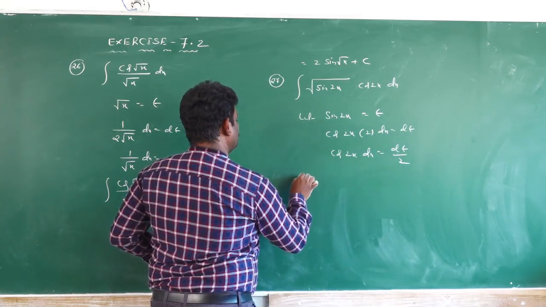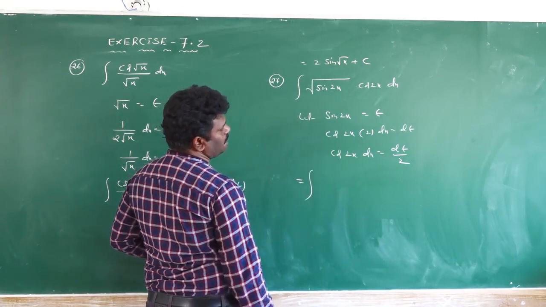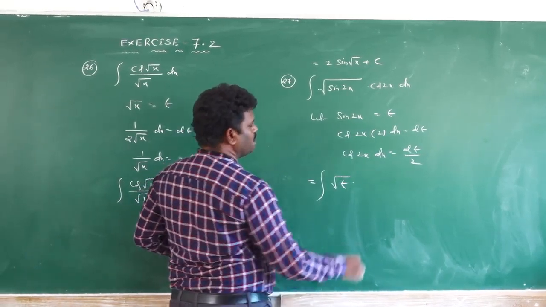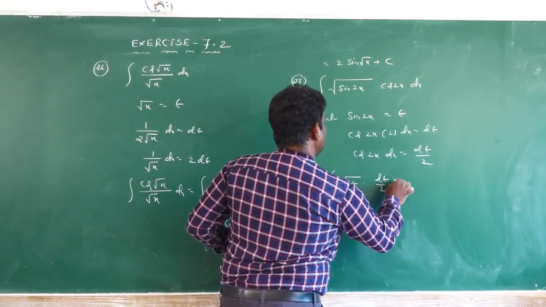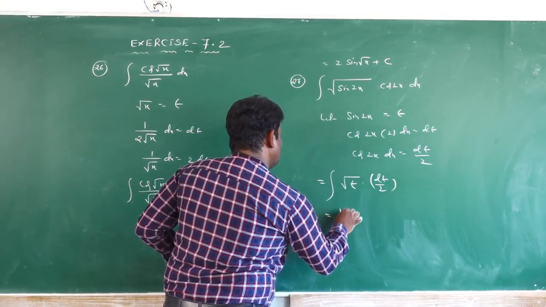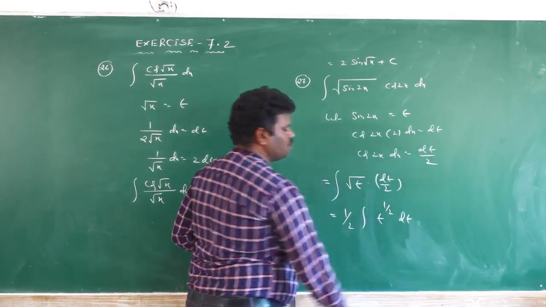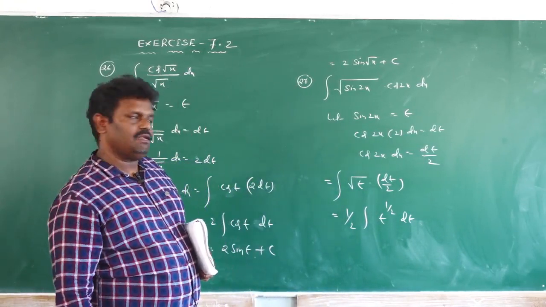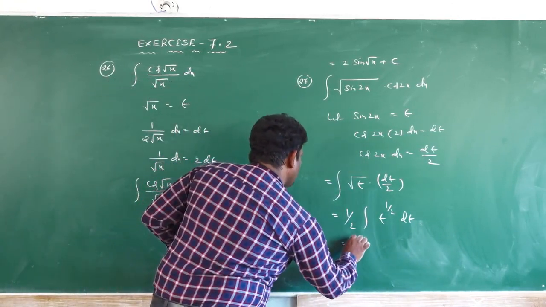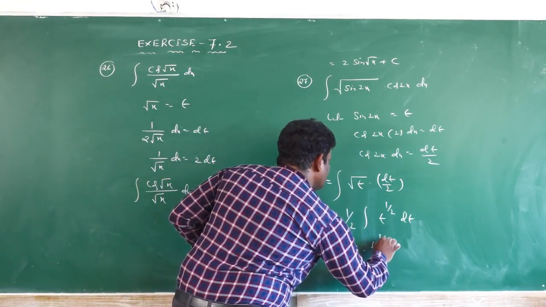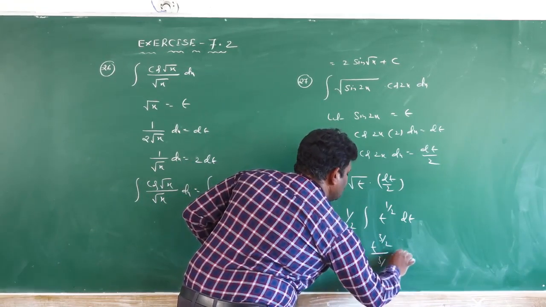So root of sin 2x is root t, into cos 2x dx, which is dt by 2. That is equal to 1 by 2 integral of t power 1 by 2 dt. So t power 1 by 2 plus 1 gives 3 by 2.